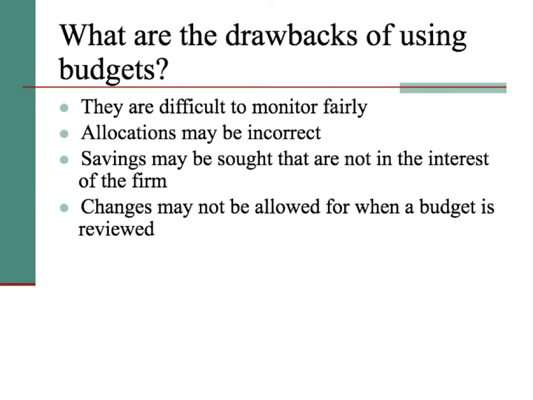Savings may be sought that are not in the interest of the firm. So let's say, for instance, I'm given what I think is an inaccurate cost allocation. So I might have X number of pounds to spend on the raw materials, and the only way that I'm going to stay in that target is to buy poor quality or perhaps raw materials with imperfect features.